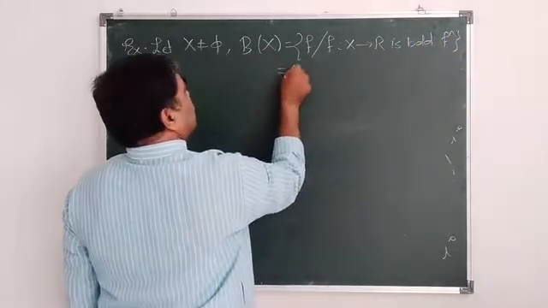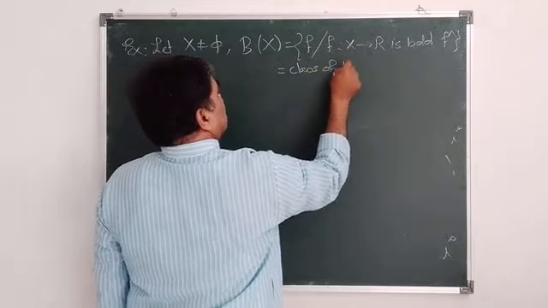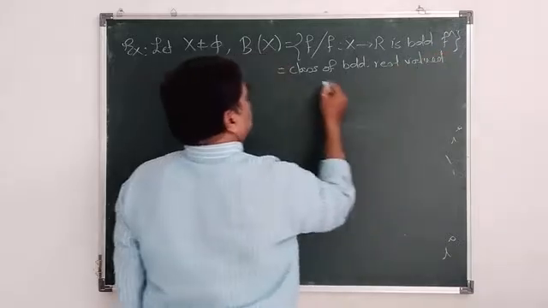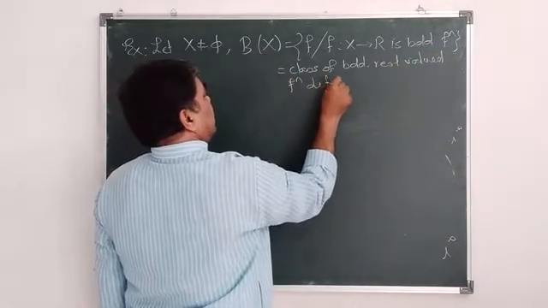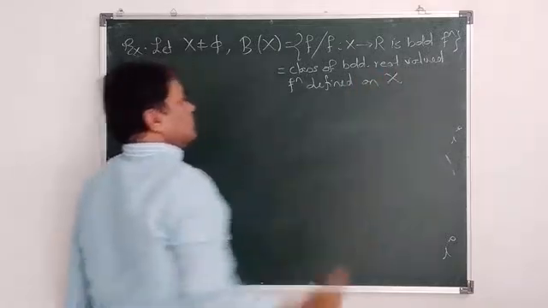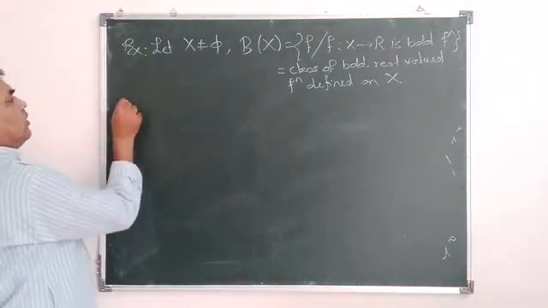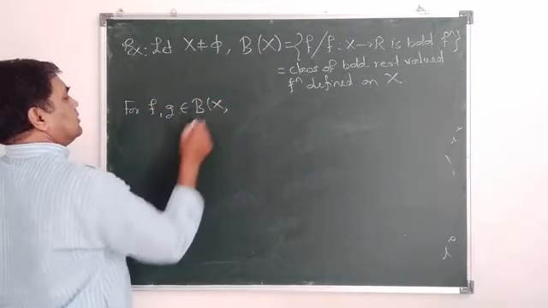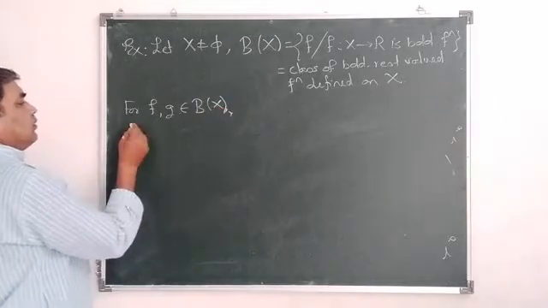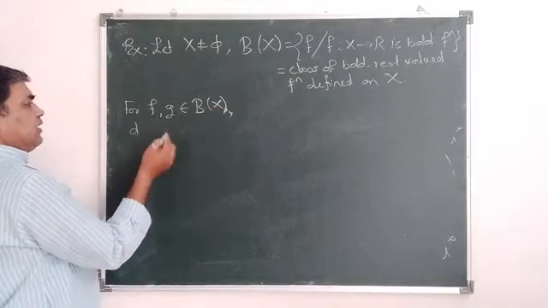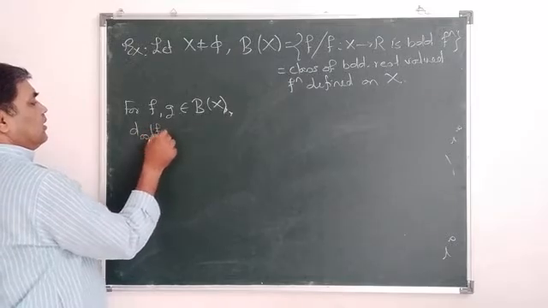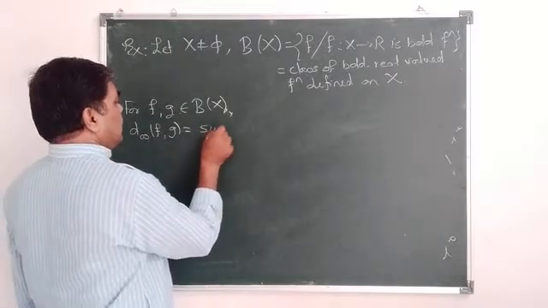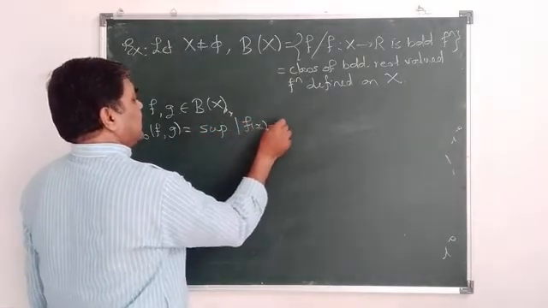This is nothing but the class of bounded real valued functions defined on X. For f, g belonging to B(X), we define d infinity again: d infinity of (f, g) is equal to the supremum of mod f(x) minus g(x).